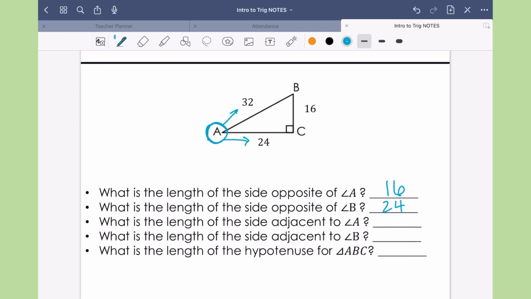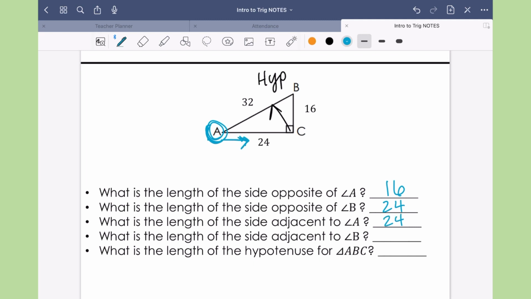Which is the right side that I need to pick? So remember, this 32 is always your hypotenuse because it's across the 90, right? So this cannot be my adjacent side because it's the hypotenuse. It can't be anything other than that. So it's 24. Next to angle A is 24.